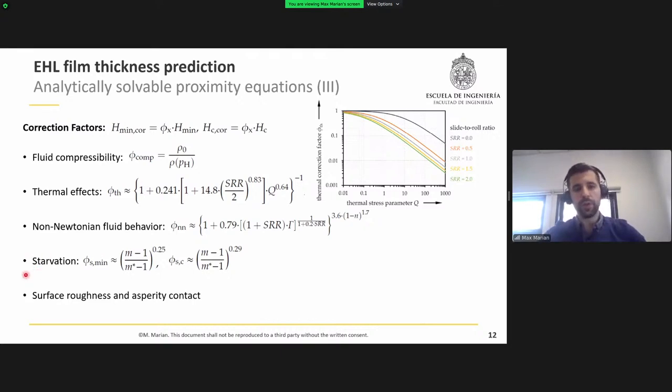Also, in the original derivation of the film thickness equations, fully flooded conditions were assumed. Basically, the elastohydrodynamic pressure buildup can happen at any distance from the contact center.